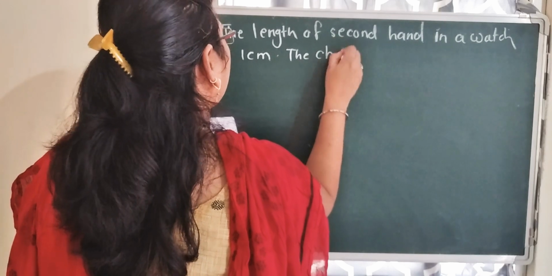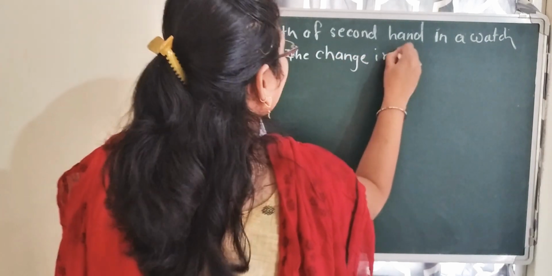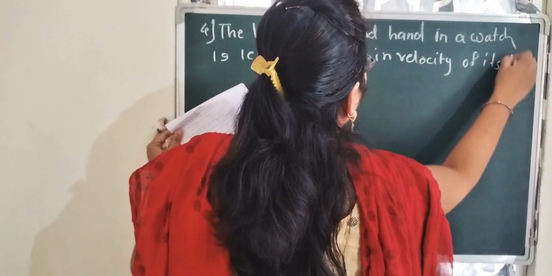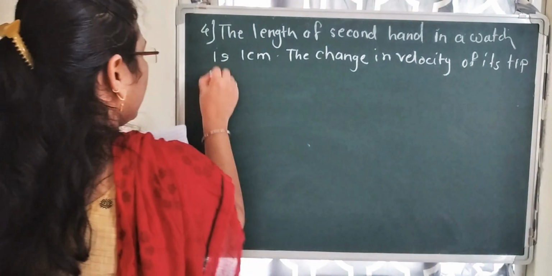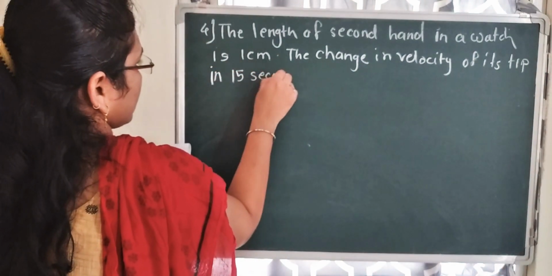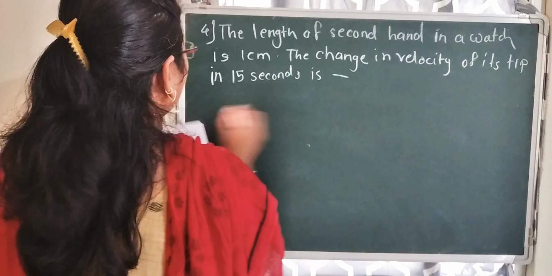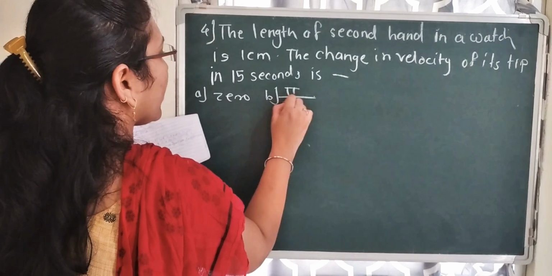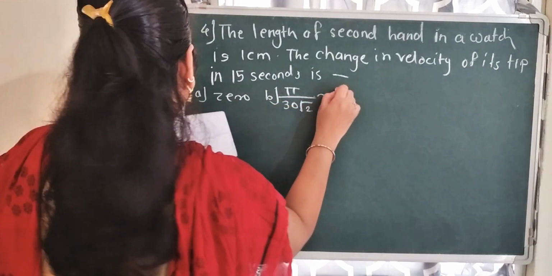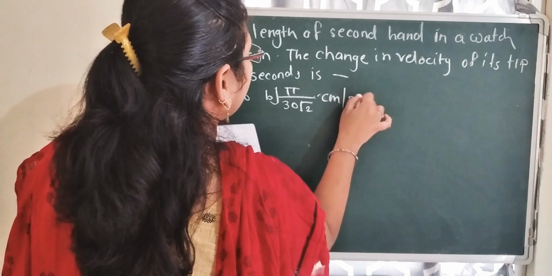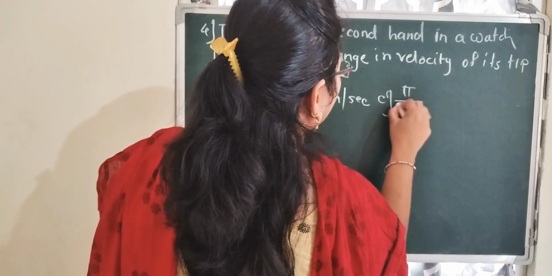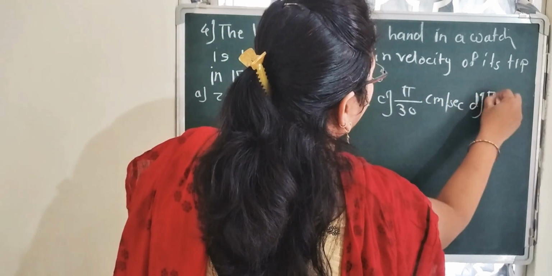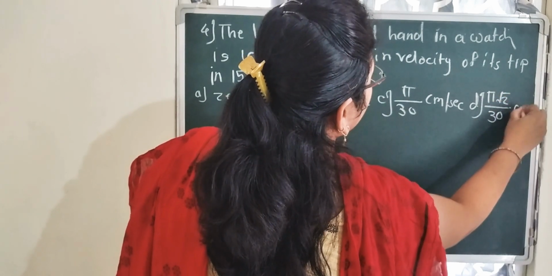The change in velocity of its tip in 15 seconds is, options are 0, second option pi upon 30 root 2 centimeter per second, third pi upon 30 centimeter per second, and last is pi root 2 upon 30 centimeter per second.